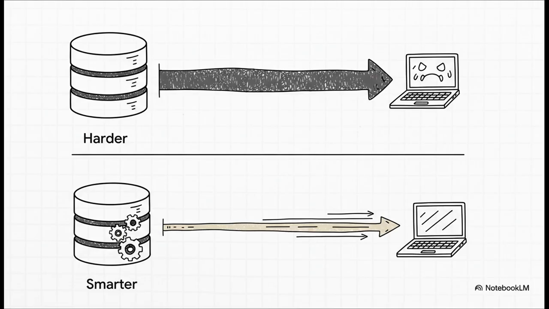When you filter inside the database, you only send that small amount of data you actually need over the network. Plus, databases are these highly optimized engines built for this one job. They are incredibly fast at filtering and sorting. And the result? Your application runs much, much faster. You've got to let the database do the heavy lifting it was designed for.